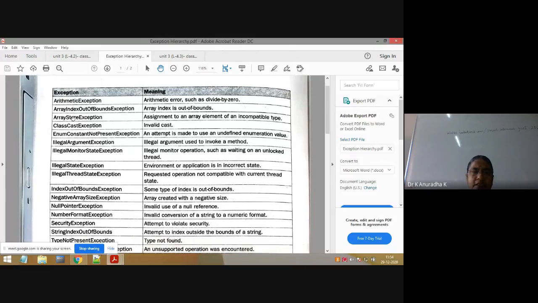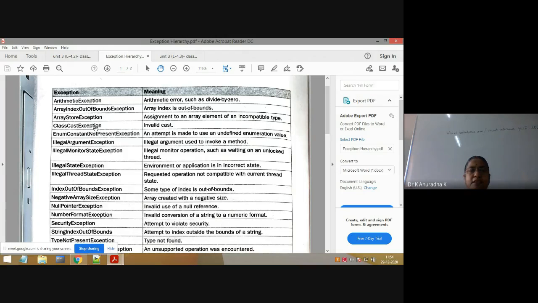So these are the subclasses of RuntimeException: ArithmeticException, ArrayIndexOutOfBoundsException. Suppose somebody asks you to tell whether ArithmeticException is a checked exception or unchecked exception. Your answer must be that ArithmeticException is an unchecked exception. Next, if somebody asks whether ArrayIndexOutOfBoundsException is checked or unchecked, unchecked.